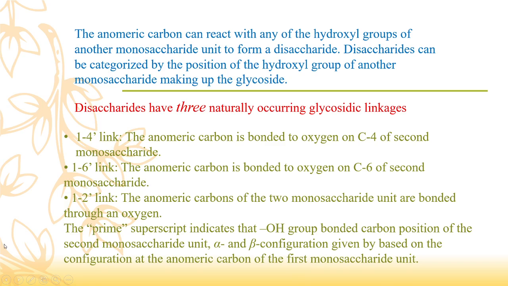That means this prime subscript indicates the OH of the second monosaccharide unit, and the alpha and beta configuration comes from the first monosaccharide unit. That means if the first monosaccharide is in the alpha position, then the linkage is an alpha linkage. If the first monosaccharide is at an equatorial or beta position, then the linkage is a beta linkage.